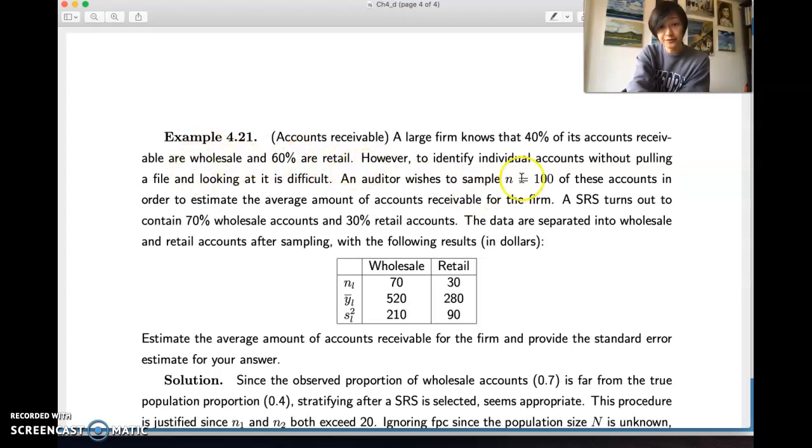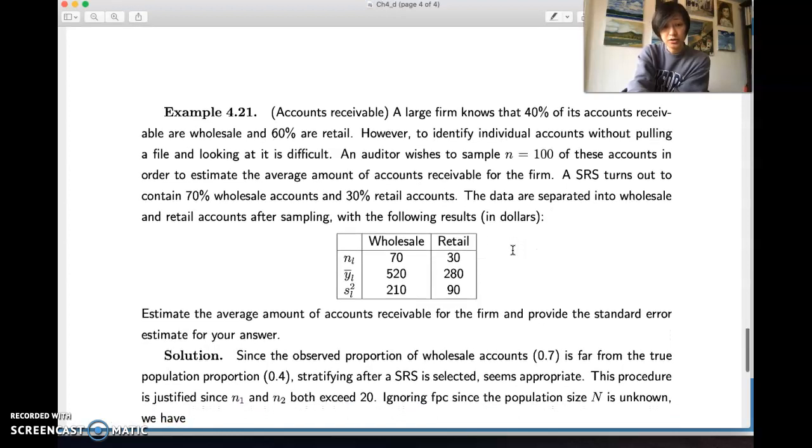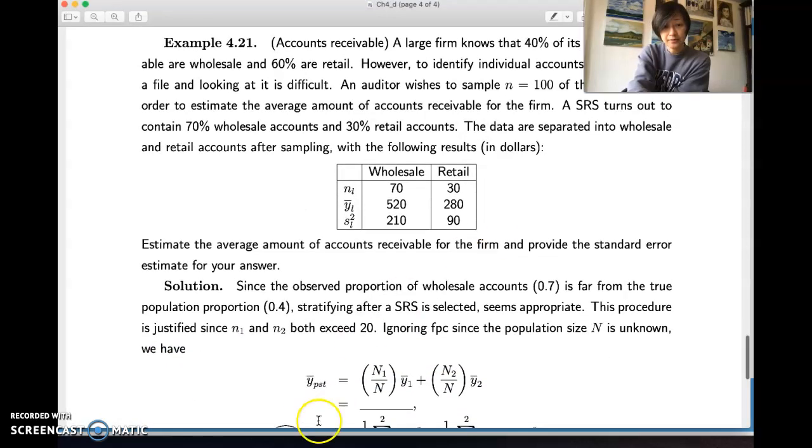And then what happened is that if we collect 100 samples from the population, we realize that we have collected 70 to 30 or 7 to 3 proportion, which is not exactly the same as the population proportion. So in this case, again, we shall not simply use a stratified random sampling estimate under proportional allocations.